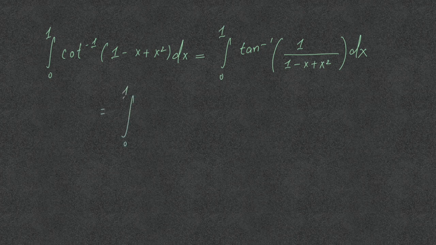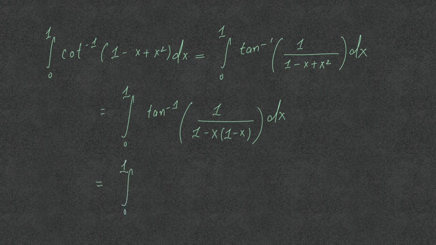integral from 0 to 1 tan inverse of 1 upon 1 minus, taking x common here, we get x into (1 minus x) into dx.